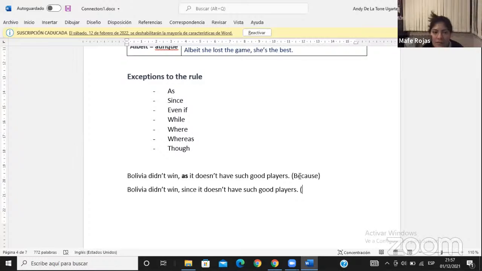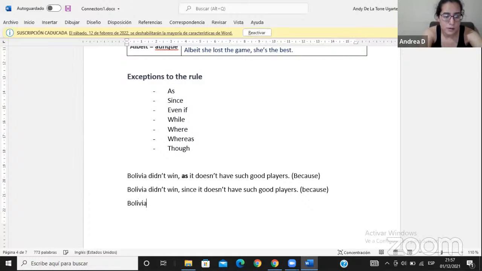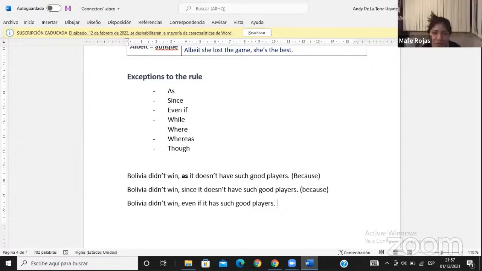But here it's a conjunction, so it's because. I could say, Bolivia didn't win, even if it has. So do you know what even if means? Incluso si. Exactly. So even if or even when it has such good players, both.